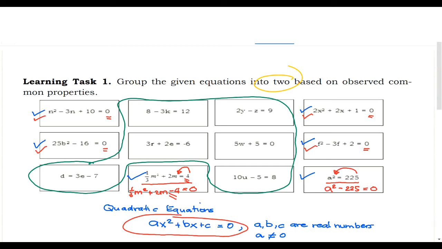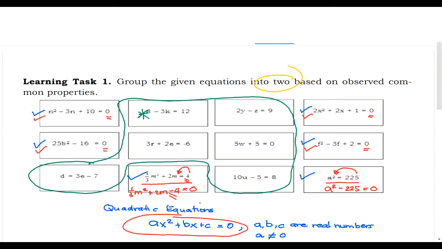Ibig sabihin nun, kapag chinek ninyo lahat ng variable, lahat ng letters na nakikita nyo dito, ang pinakamataas na exponent lang nila ay 1. Pero kung check ninyo, we have here linear equation in one variable. Ibig sabihin, isang letter lang yung nakikita natin. Nasaan yun? Eto.